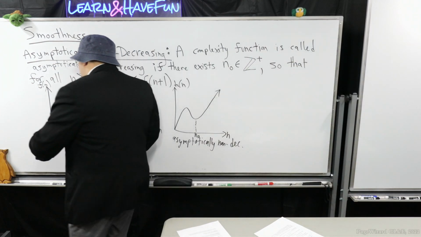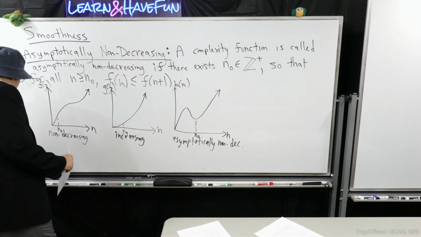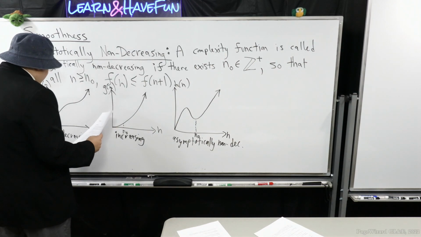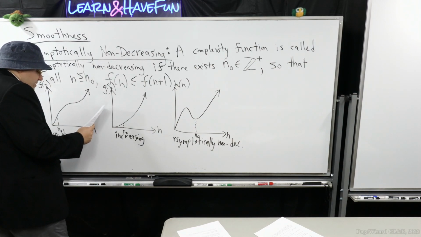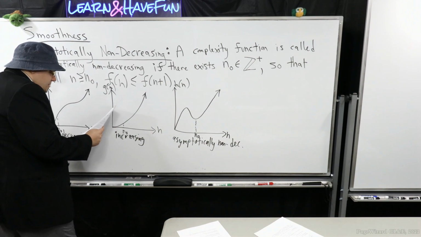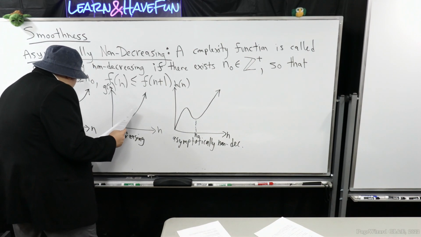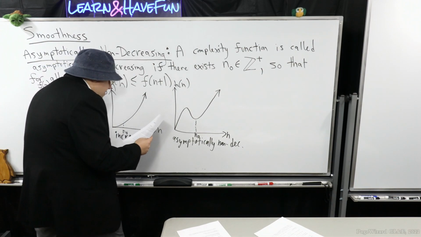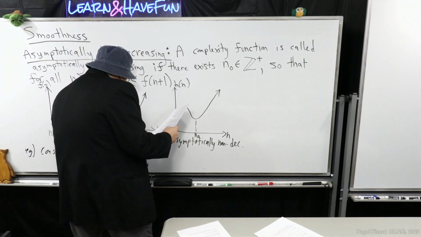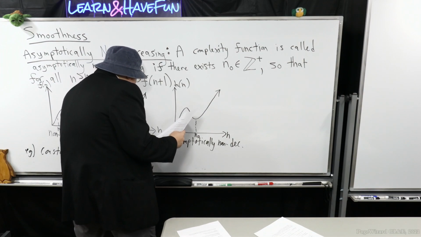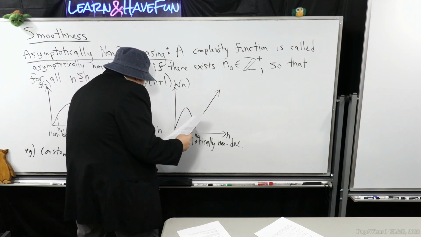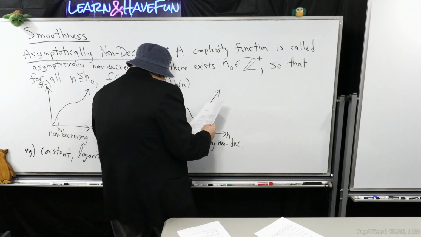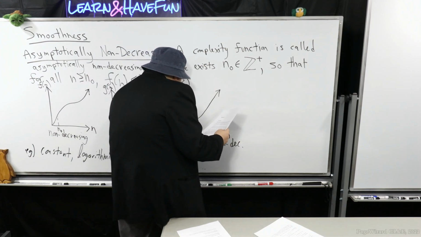So as examples, you can talk about, say, a constant function, logarithmic functions are asymptotically non-decreasing, polynomials, or exponential, for example.